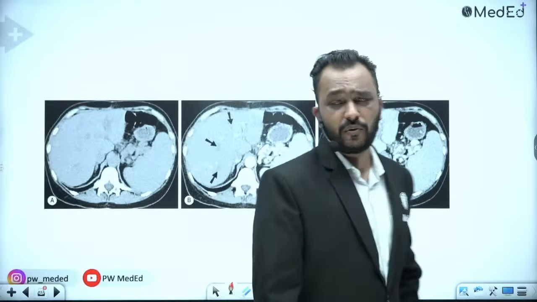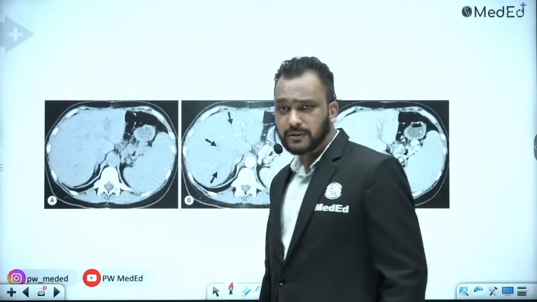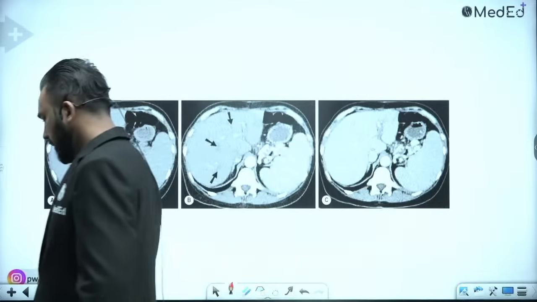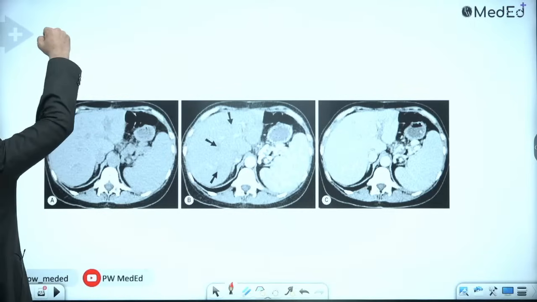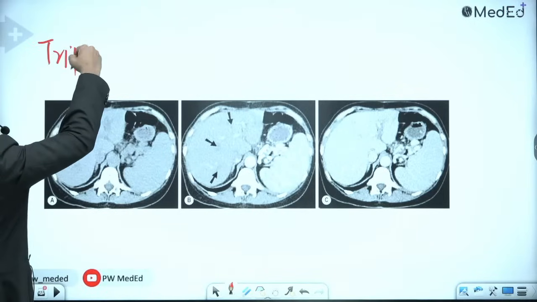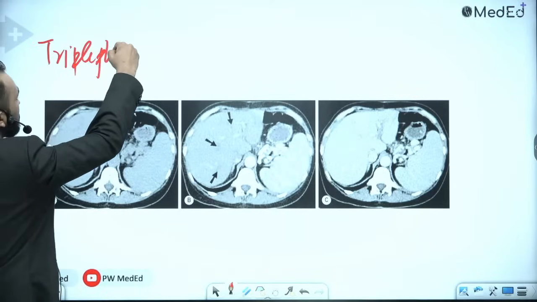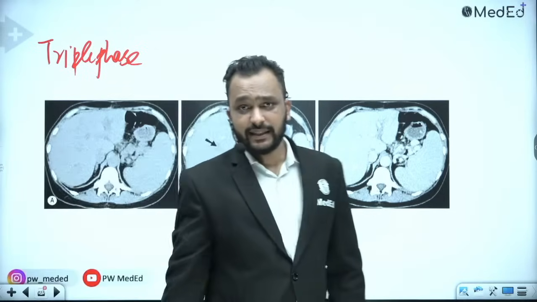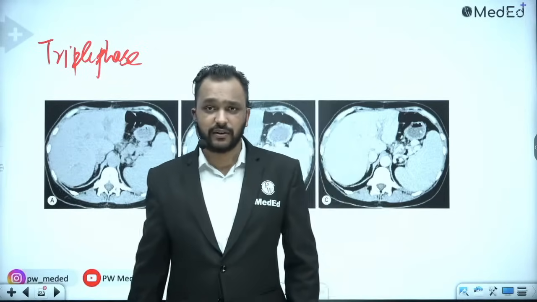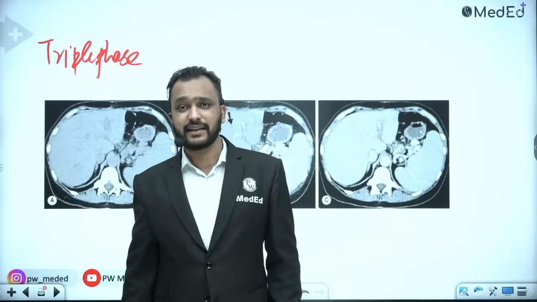Okay. So the most important investigation that we do in hepatobiliary imaging is your triple phase CECT abdomen. Triple phase CECT abdomen for liver lesions. So what do you understand by triple phase? After injecting the contrast, we are acquiring the CT in 3 phases.